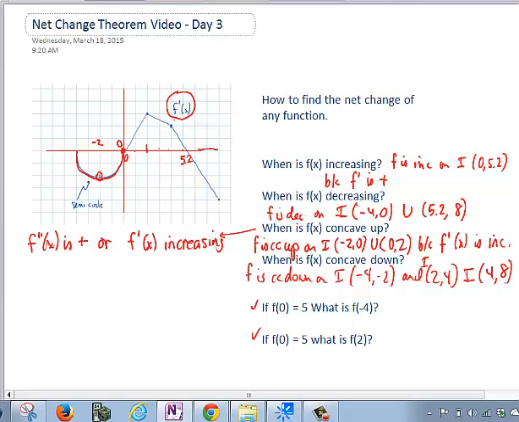Now I had to break that interval up for the same reason as I gave before. Because, remember, when you have a corner, you can't have a derivative of that graph at that corner. So that would show a failure for the second derivative to exist at those points where you have a corner on the first derivative graph.